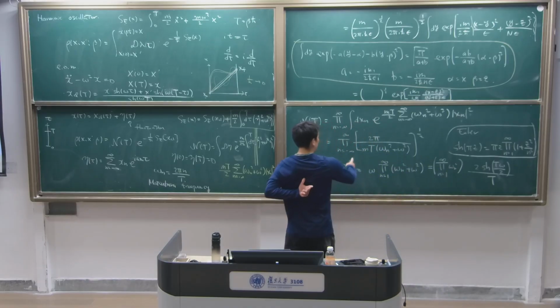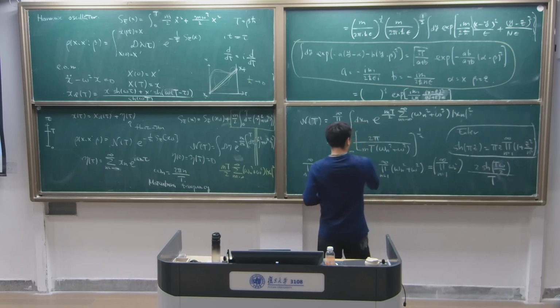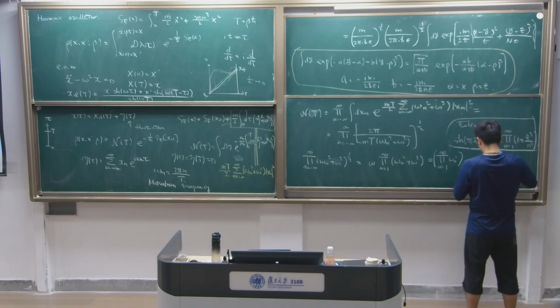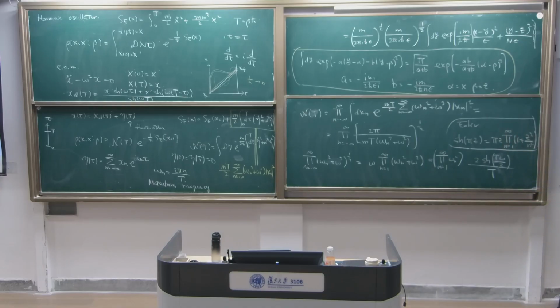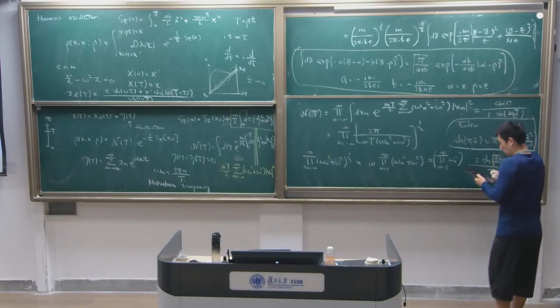And therefore, at the end of the day, if you use this identity by using Euler's formula, what you get is that N of t can be treated as some constant times 2 times sinh of omega t over t.